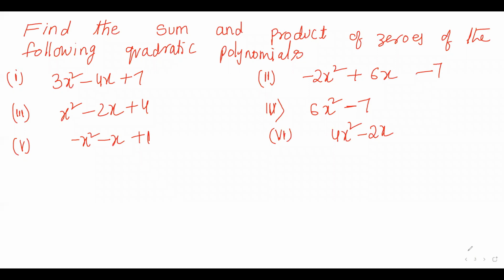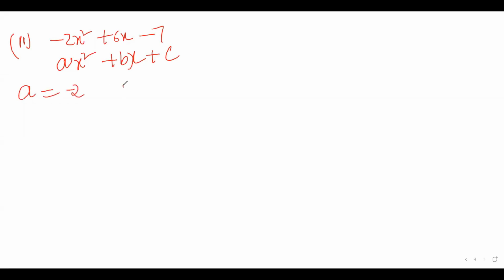In the second one, the quadratic polynomial is minus 2x square plus 6x minus 7. Now, standard form is ax squared plus bx plus c. Note down the a, b, c values. a is equal to minus 2, b is equal to 6, c is equal to minus 7.